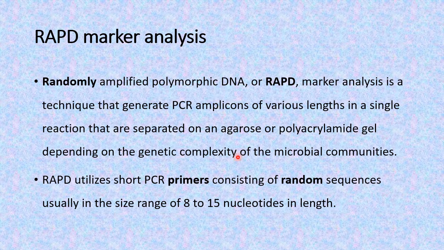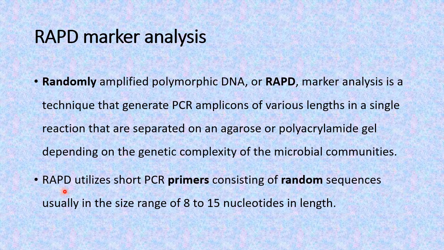Now these varied length fragments are separated on an agarose or polyacrylamide gel, and which type of gel is used depends upon the complexity of the genetic material of the particular genome that we are using.